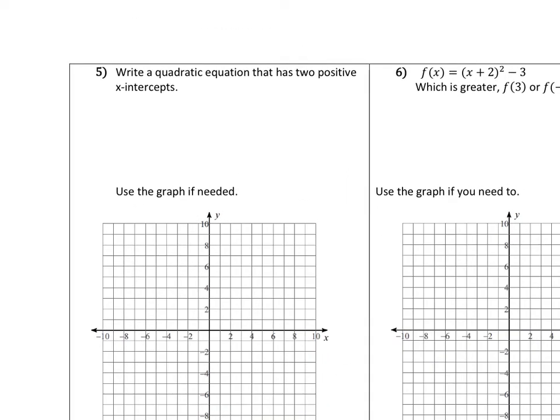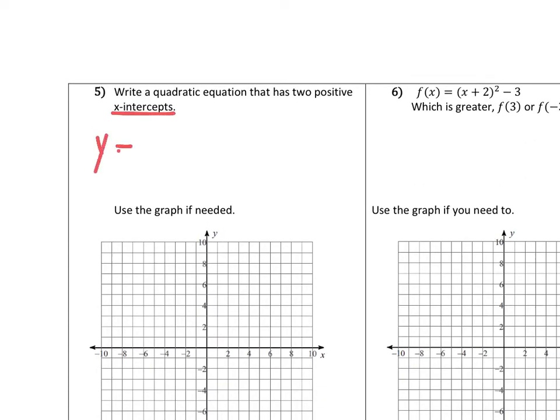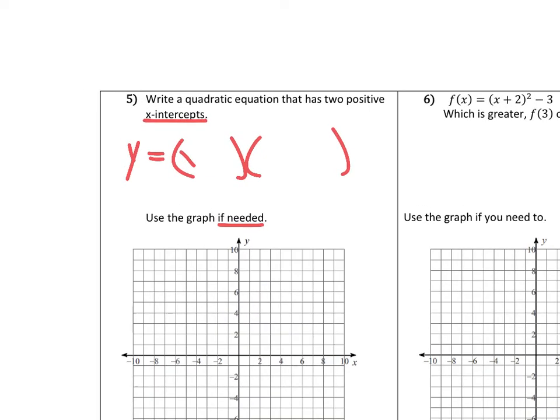All right, so we want a quadratic equation that has 2 positive x-intercepts. Well, since we're talking x-intercepts, we want to use intercept form. Okay, and this says use graph if needed. So the key is this. We have x. If we take some minus, now you can pick lots of numbers. Doesn't matter.